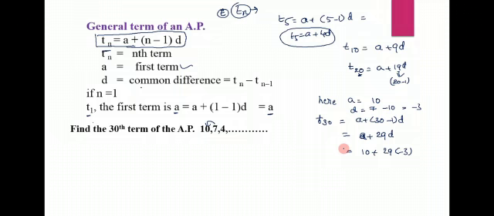Now, let us see the selection of terms. While doing certain problems in the calculation, we need to select certain terms. That means we need to select 3 terms, 4 terms, 5 terms, likewise. Why do we need to select them?